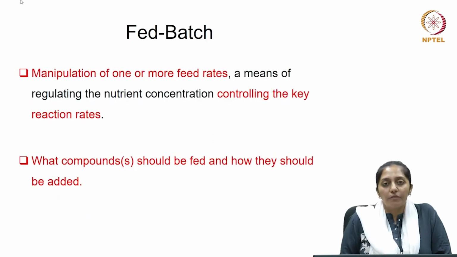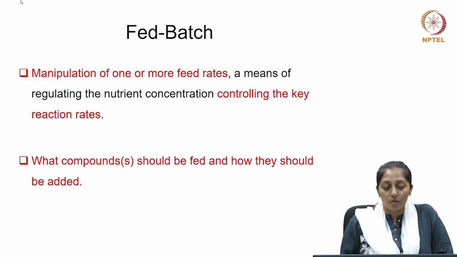So, what are the different permutations and combinations which can come out as a feeding strategy while designing a feeding strategy in a fed batch? This may involve which substrates are to be fed, at what concentrations they are to be fed, how long they are to be fed inside the reactor, and in what fashion they are to be fed, which means at what flow rates, whether constant flow rate or increasing flow rate.